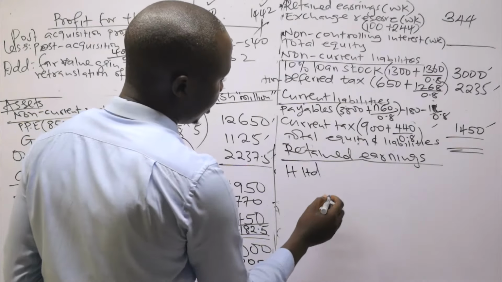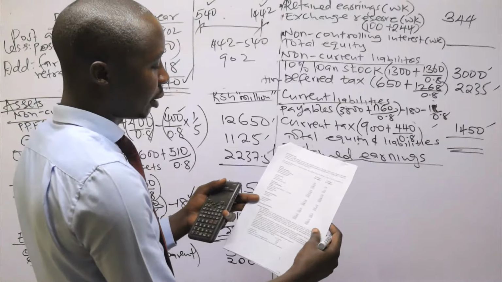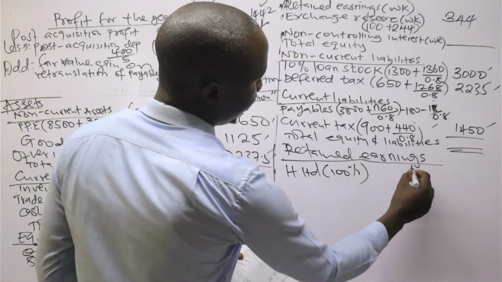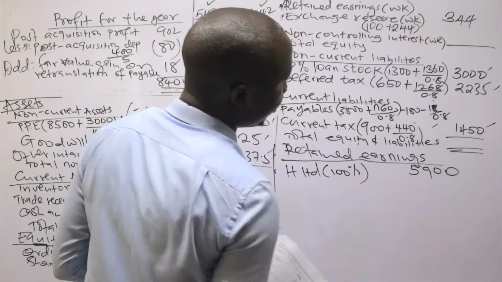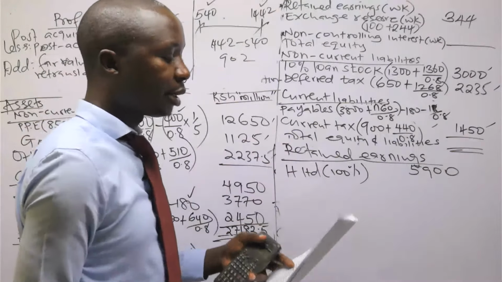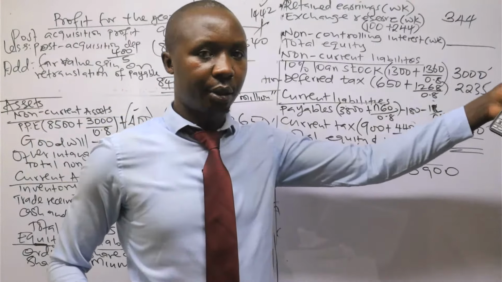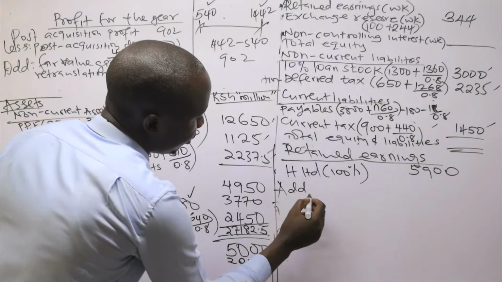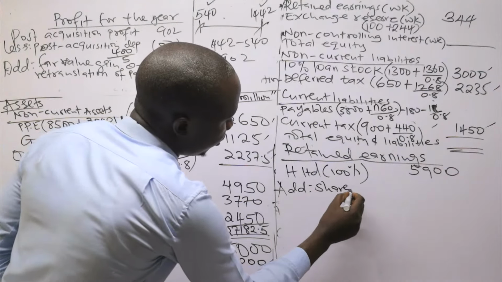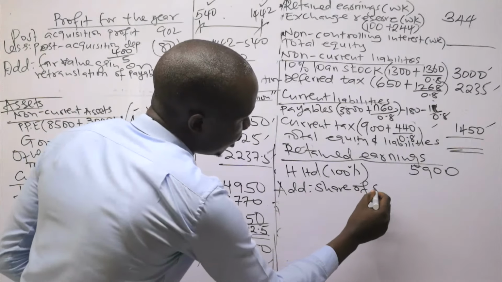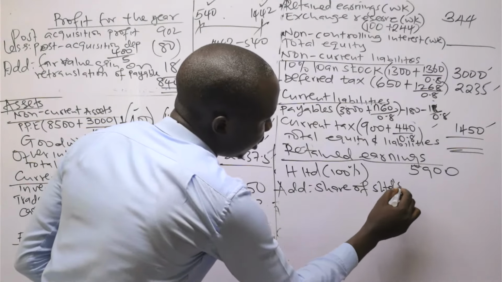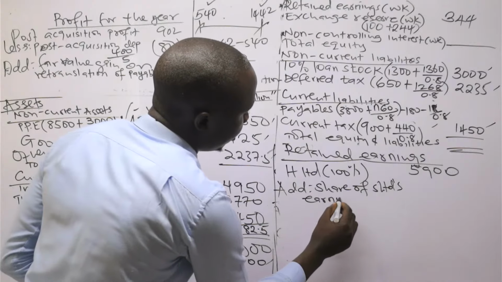The retained earnings are as per the statement of financial position. 100% of that is 59. So what will the parent be taking from the other company? So add share of S Limited's earnings.